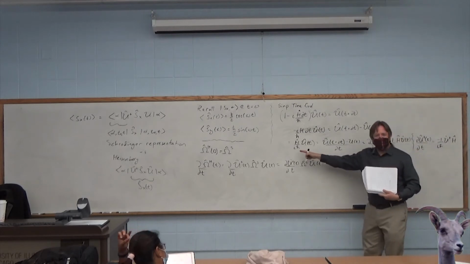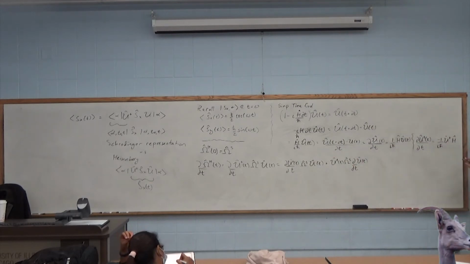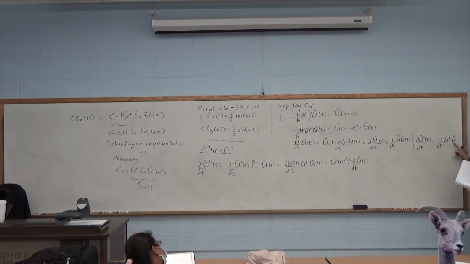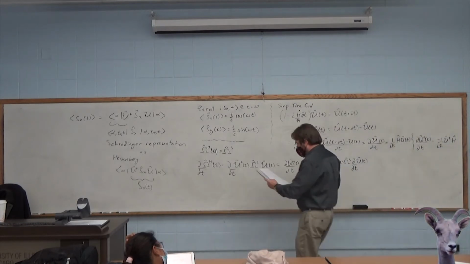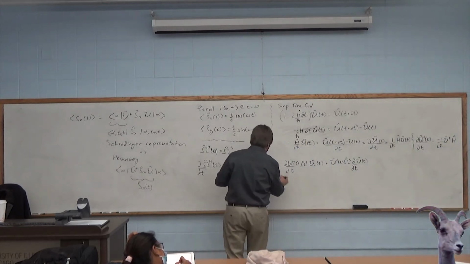Why did I do that? Sorry, this is really hard, by the way. Okay, notice you got HU and then here UH. So just look out for that. Okay, sorry about that. This I have to admit, this really is pretty painful.